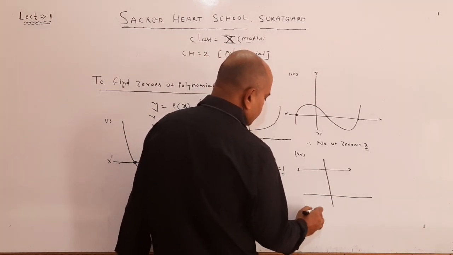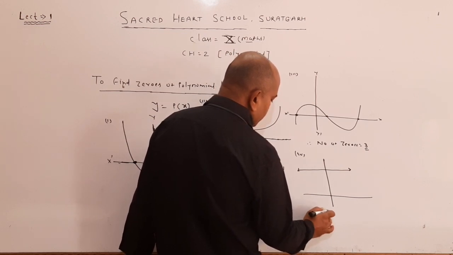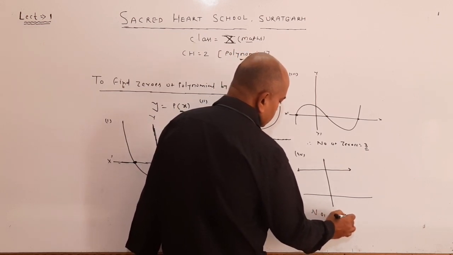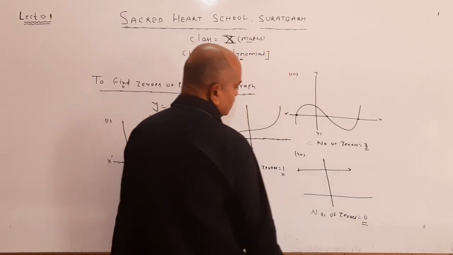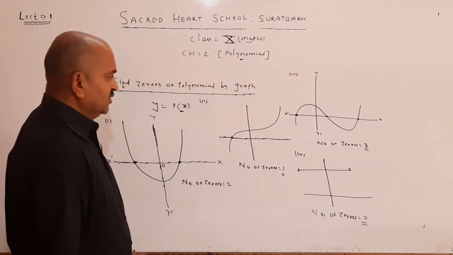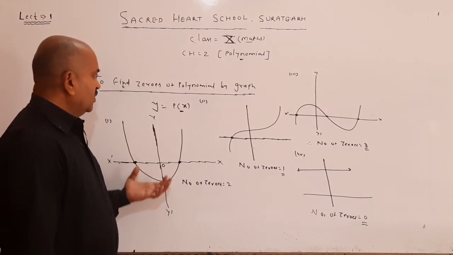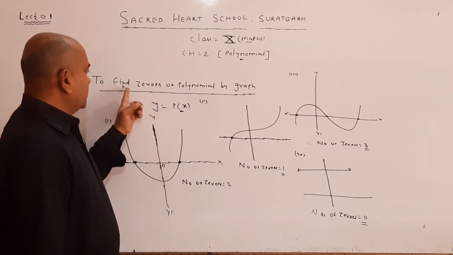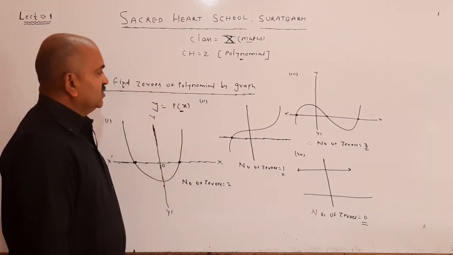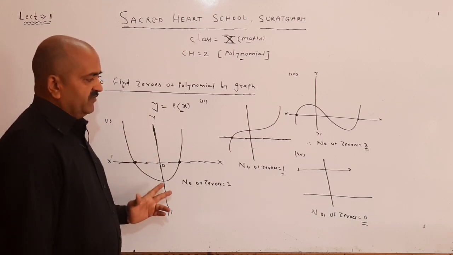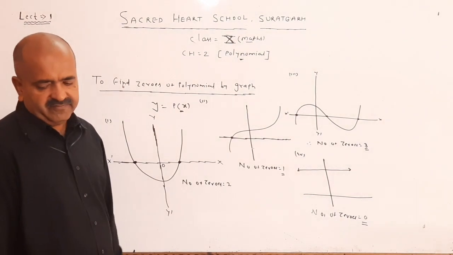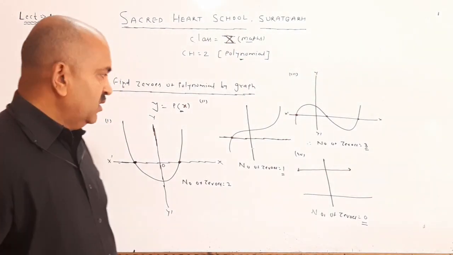So the number of zeros equals 0. So students, this topic, finding zeros of the polynomial by graph, is complete.